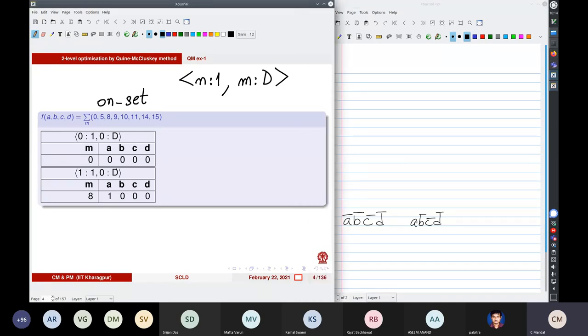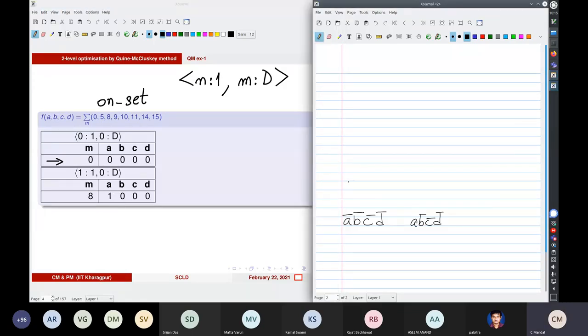So we consider cubes with 0 ones, and then we consider cubes with 1 one. If you wish to find any cube adjacent to this one, then that cube must have exactly 1 one, because this one has 0 ones. So in fact 8 is one such.